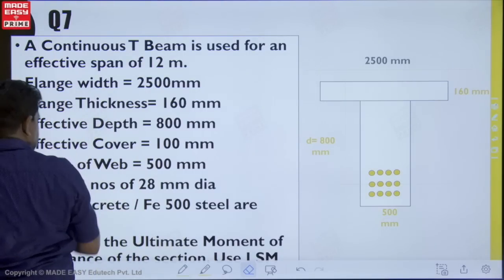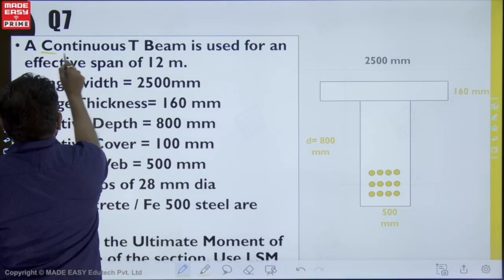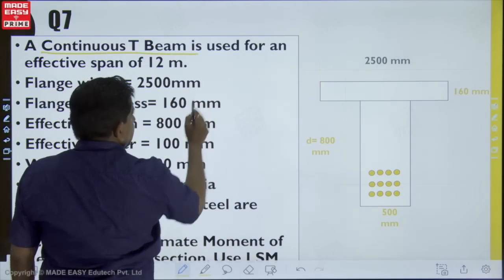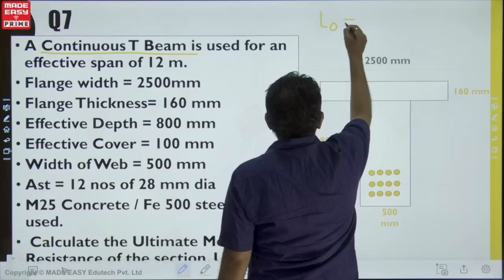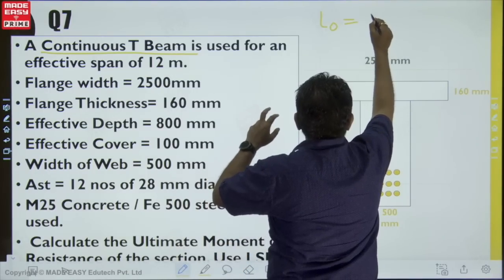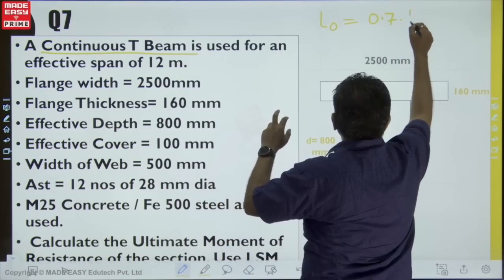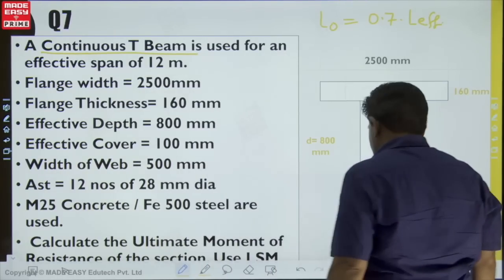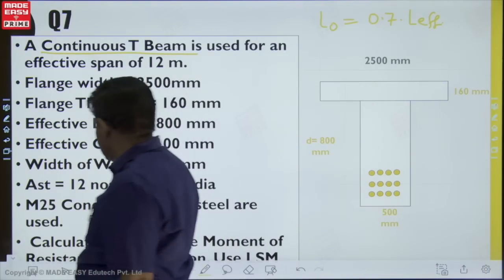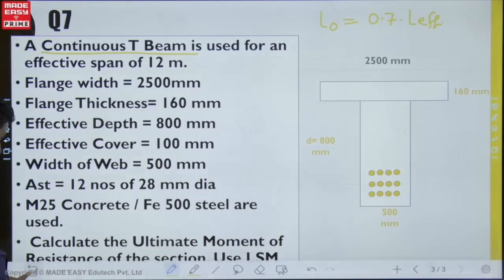This is a continuous T beam, but a single beam we can view here. So what will be the L0 value? L0 value will become 0.7 times of L effective. So let's start our question. There itself we will understand different values and we will write.